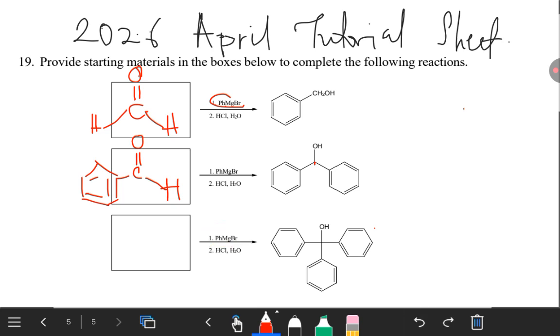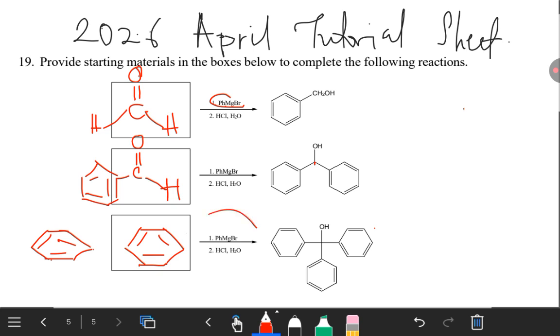So we're going to start with these two groups. Okay, so we have another phenyl group there, because there are actually two which were in the starting material side.